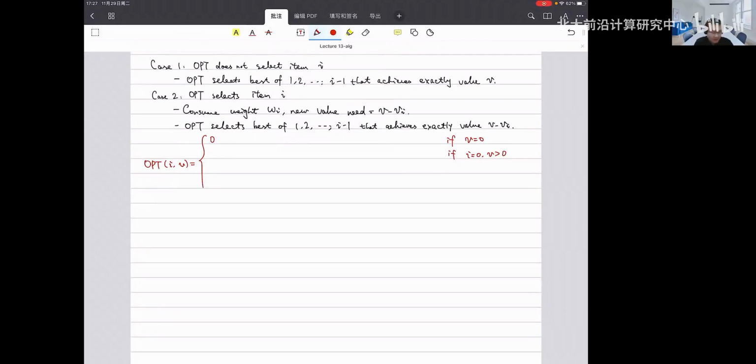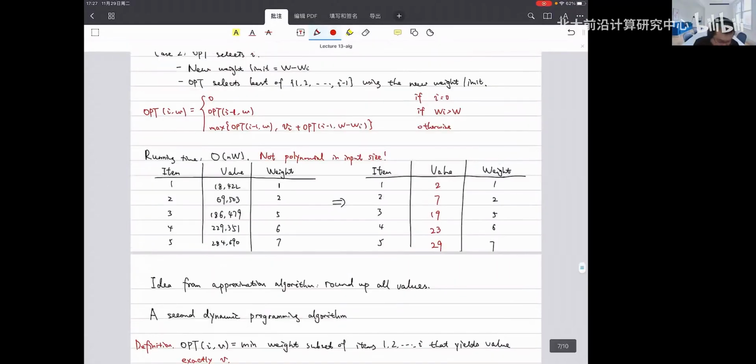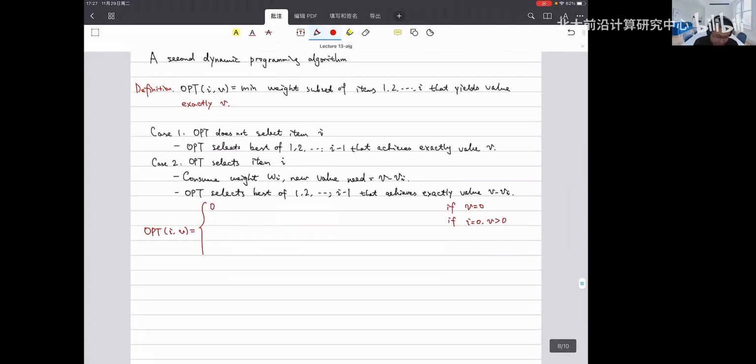Because we are talking about OPT to be the min weight subset of items, in this case we also don't have any, so we also have a 0 here. But otherwise, we can give a very straightforward formula.